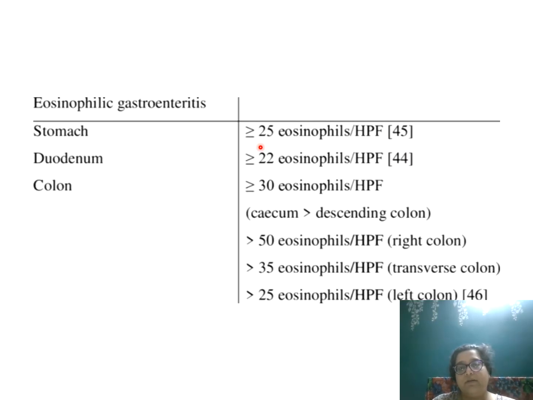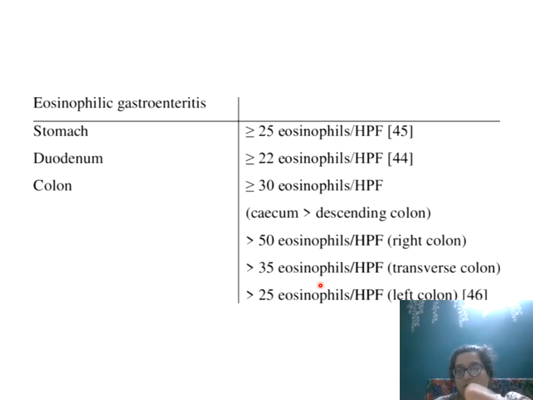So in the esophagus more than 15 is pathognomonic, in the stomach more than 25. You know, these cutoffs have been revised now. So I remember it like this: as you go from up to down, the eosinophil cutoff increases. I think these are old ones, so you can forget whatever is written over here. If you are in the rectum or sigmoid colon, up to 60 eosinophils are normal.